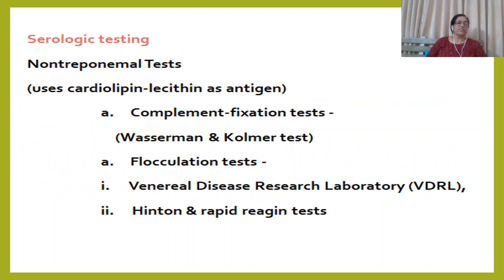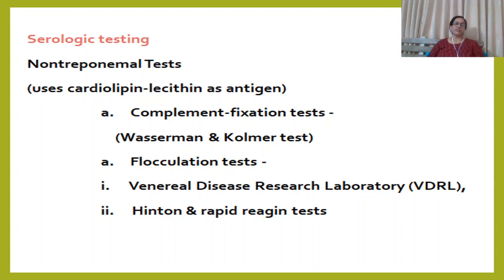In serological testing, as you know, non-treponemal tests are included, like VDRL and other complement fixation tests. The antigen used here is cardiolipin lecithin antigen. So in a non-treponemal test, Treponema is not used as the antigen, but instead some other non-specific antigen is used.